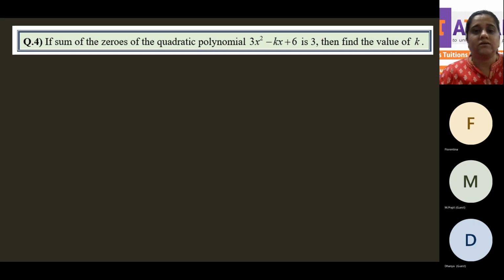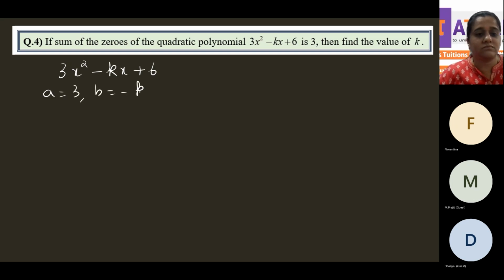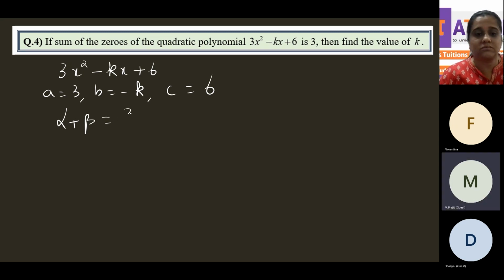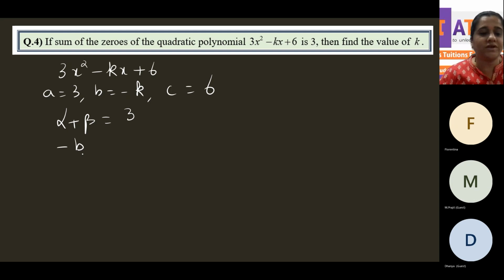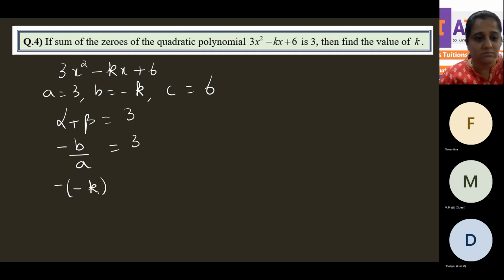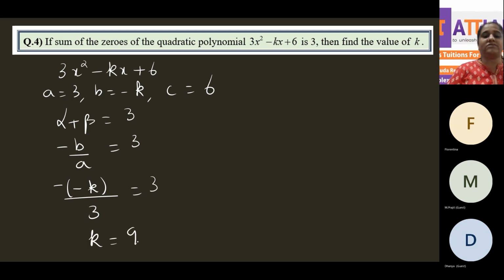Okay. I'm getting K as 9 as well. Very good. Yeah, correct. Even I'm getting the same thing. K is equal to 9.